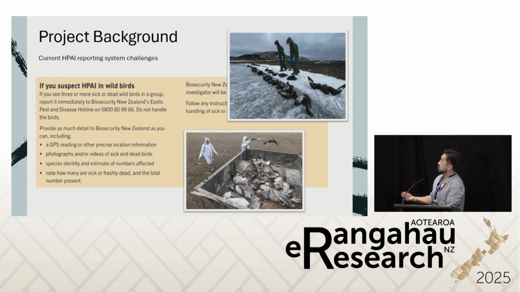It requires the reporter to provide information such as the dead bird species or the precise location, which is kind of impossible in real life because we are not bird experts, or we don't have a professional GPS in hand to provide the precise location. So this kind of system is not friendly for most users, and may lead to delays in identifying or responding to potential bird flu cases.